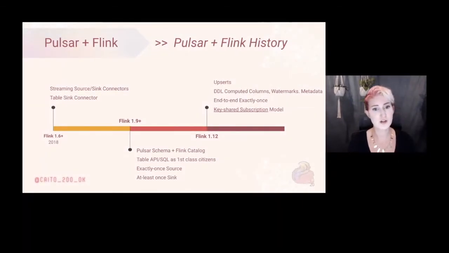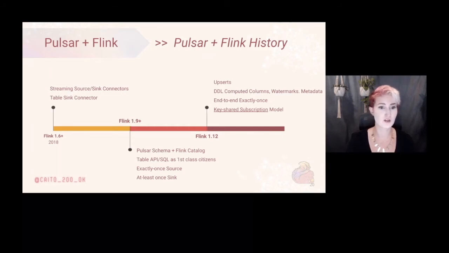There are also a good number of improvements for the Pulsar Flink connector in SQL, such as the ability to read and write metadata from Pulsar messages. This includes event time, keys, and customized fields, things like that. And all of this has really led up to where it is now.